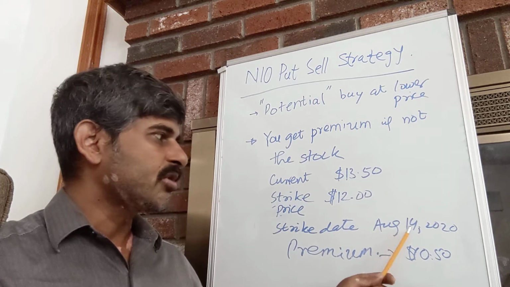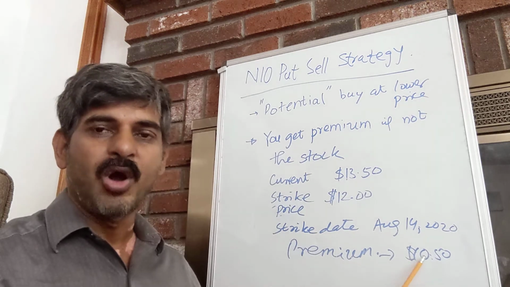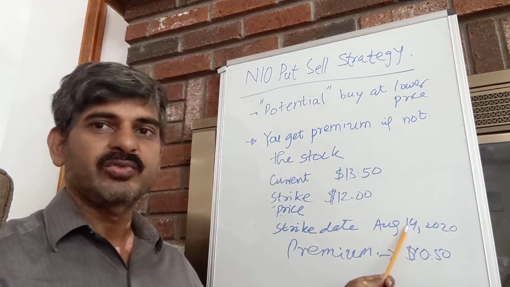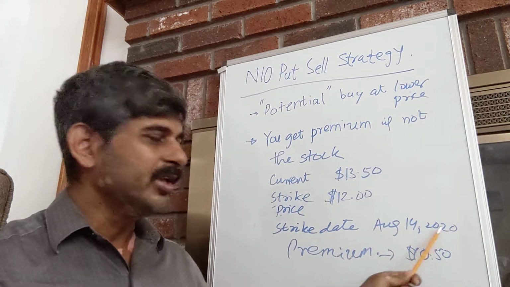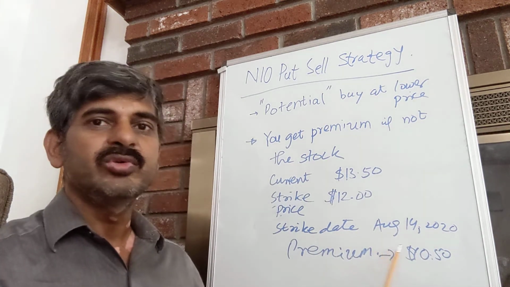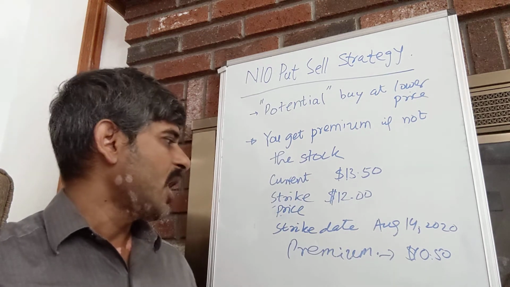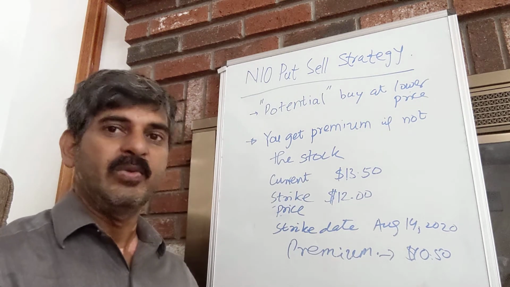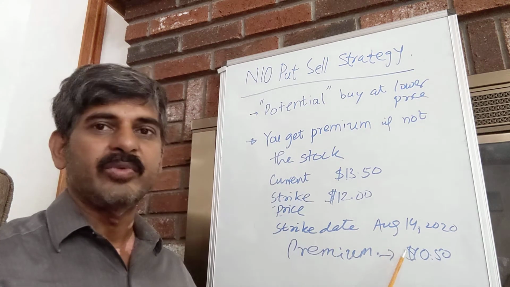If you choose August 7th, then your premium is smaller. If you use August 14, your premium is higher. So by varying this date, you need to choose the date which will get you the highest premium per week. Remember, it's about the rate of the premium per week.